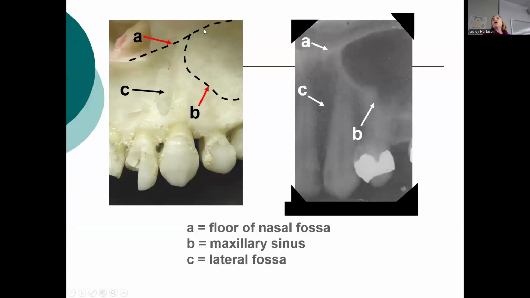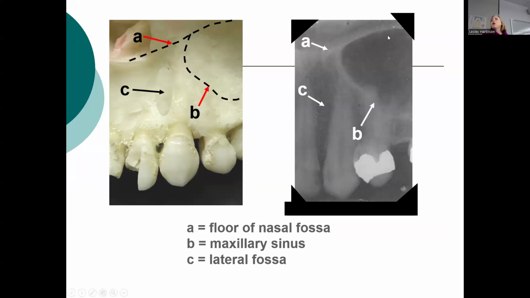So this is what it looks like on a skull. This is the inverted Y. Again, you can see it's upside down, and then the tail of the Y. And then here's an image. Here's the anterior portion of the maxillary sinus, the floor of the nasal fossa, and then the Y. So this is your inverted Y. Right about at the intersection is the canine, generally speaking, but obviously that can change depending on how people take the picture.